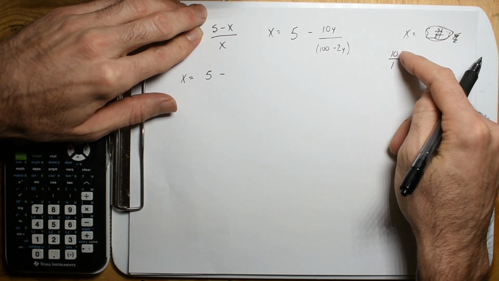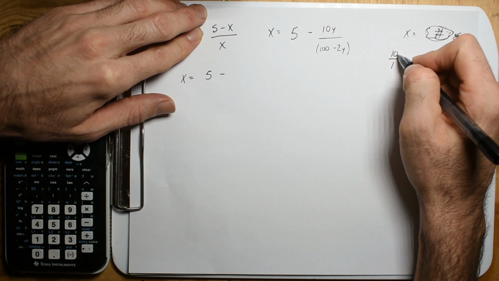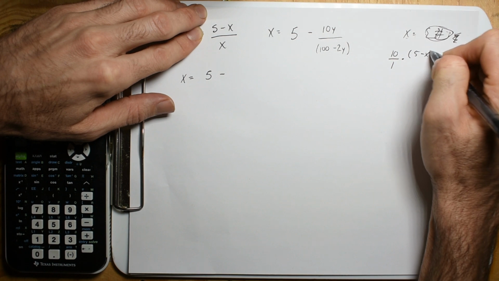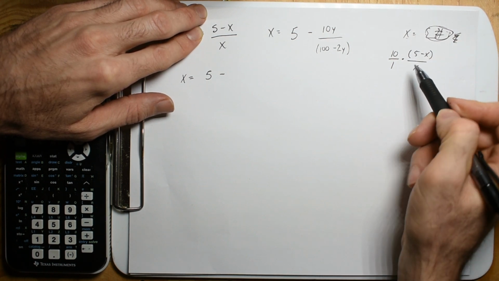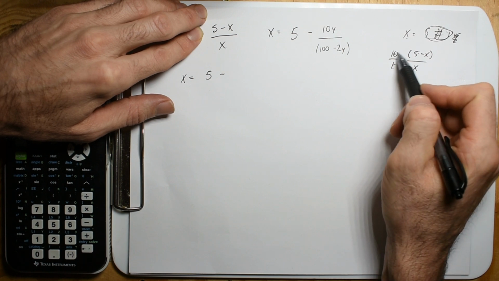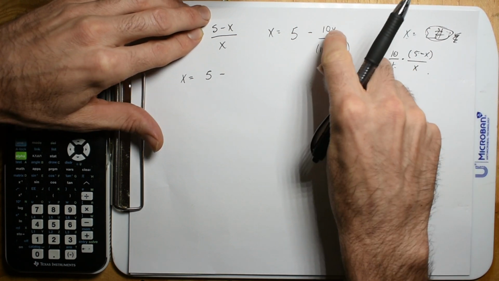So now we have 10 divided by 1 multiplying into (5 minus x) over x. Multiplication is pretty cool with fractions. Numerators multiply, denominators multiply. But let's do this all in one go.